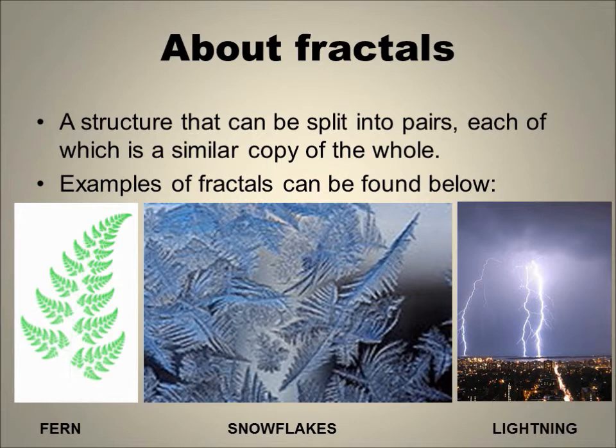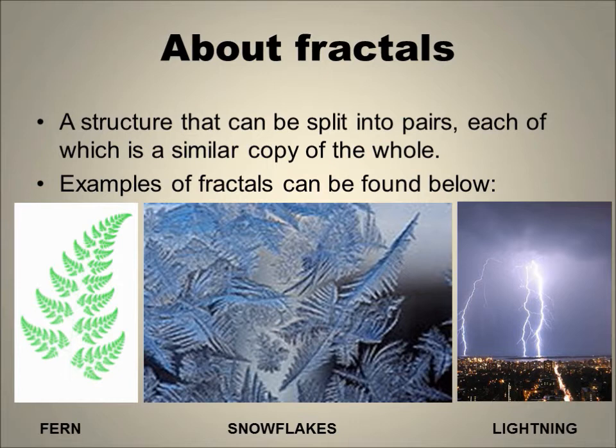If you were to take any of these and break them into smaller pieces, those pieces would be the same as a whole. For example, if you take a lightning bolt and you chopped up the lightning bolt into smaller pieces, guess what? Those smaller pieces are still going to be lightning bolts. You're just going to have smaller and more lightning bolts. That's what a fractal is. We're talking about pieces of a whole that are equivalent to the whole.